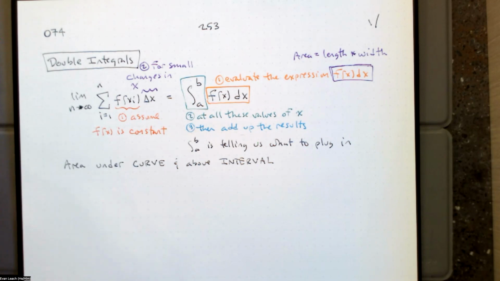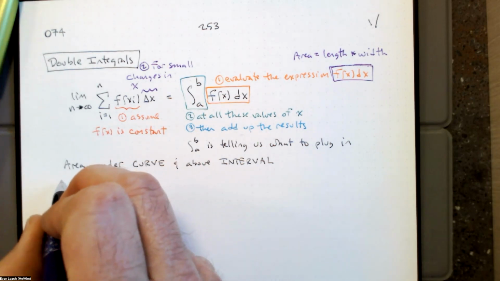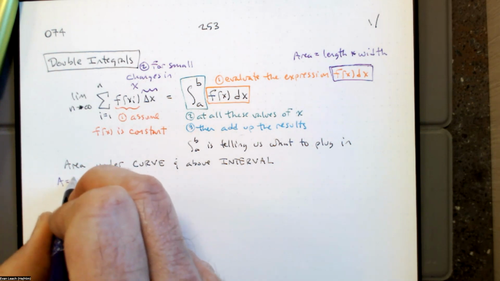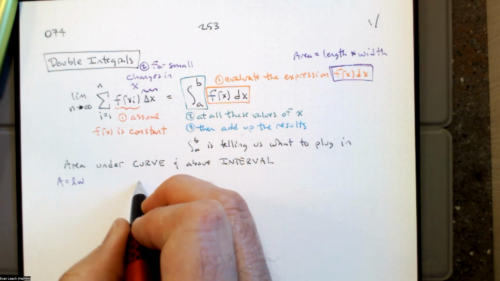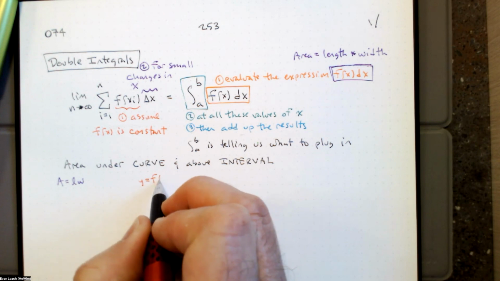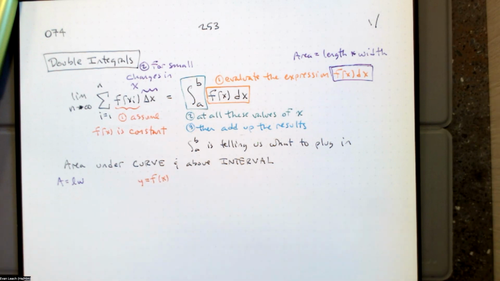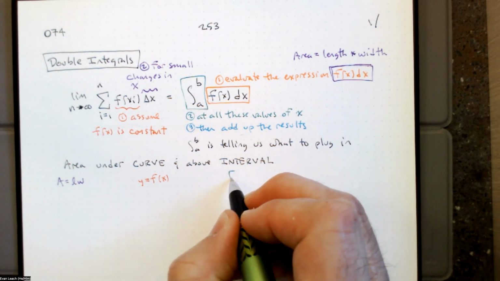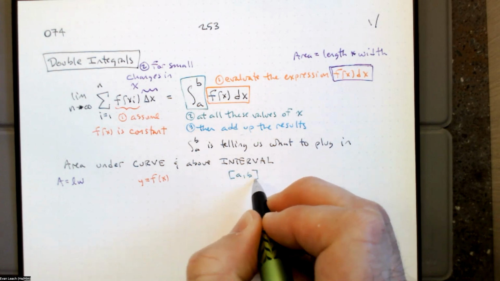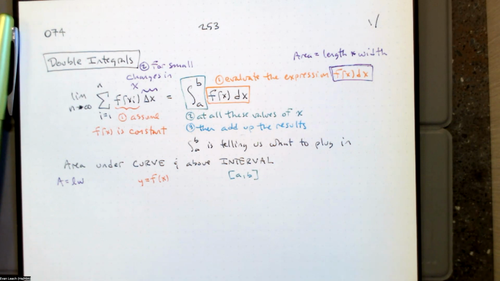We're finding the area, which is length times width. Under the curve, which is the function. And above the interval, which is our subset from a to b.